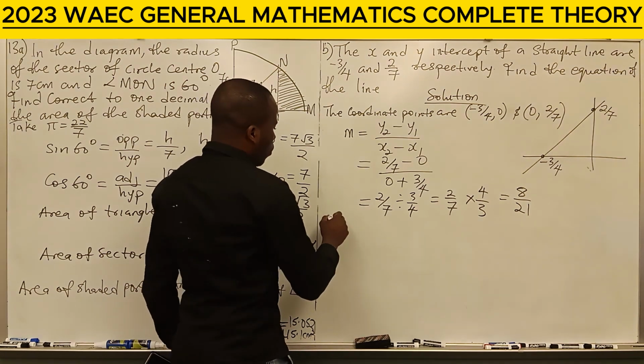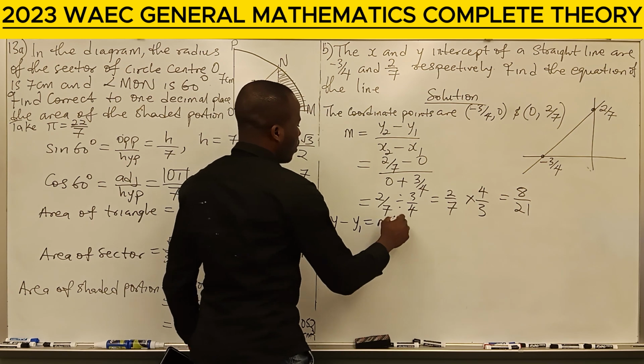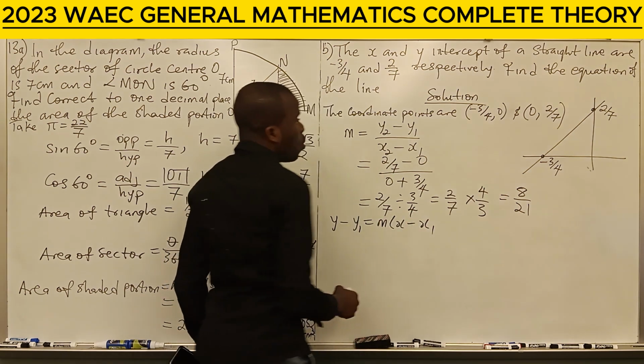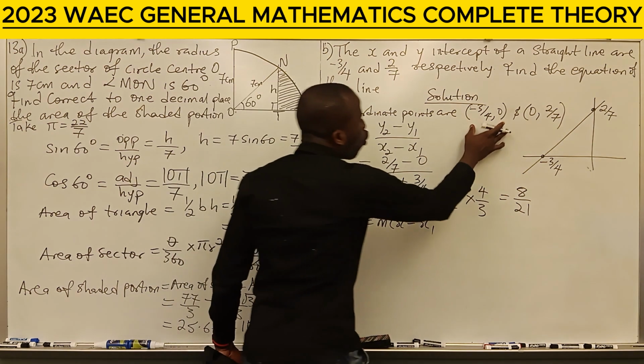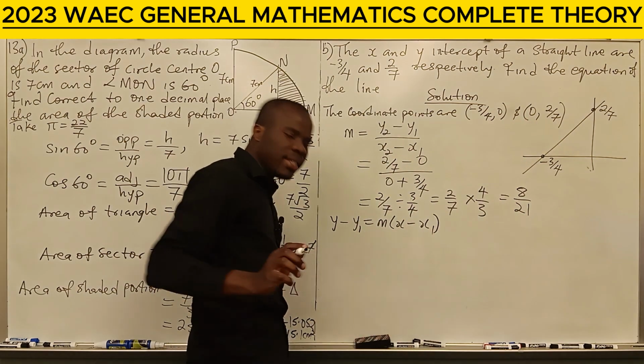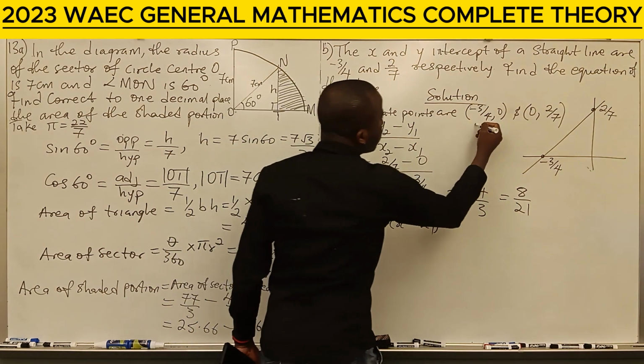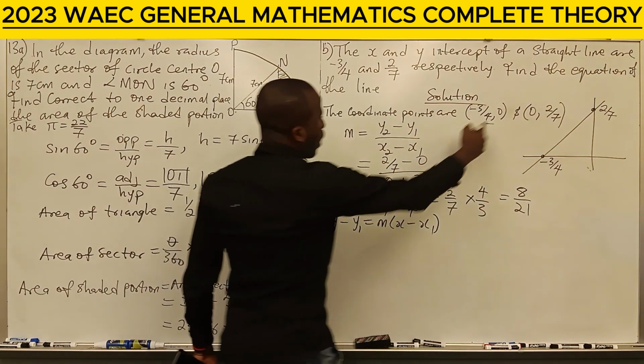And from the formula, we have y minus y1 equals m times x minus x1. We can use any of these coordinates as our x and y. We'll get the same answer. We'll try both of them. So if we're using this, our y1 is 0.